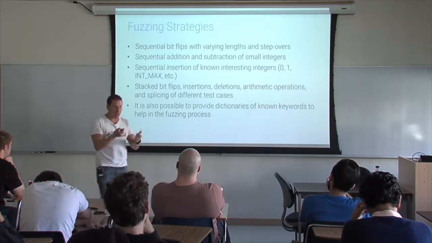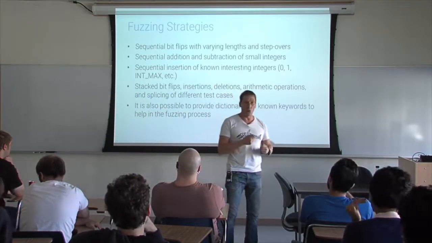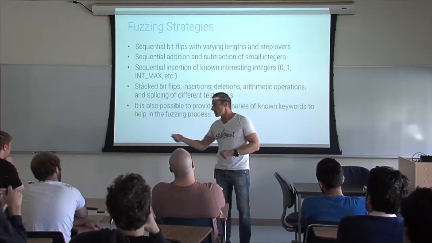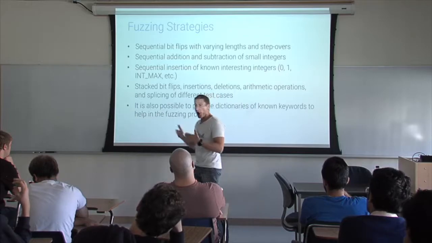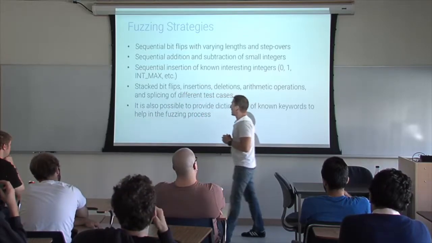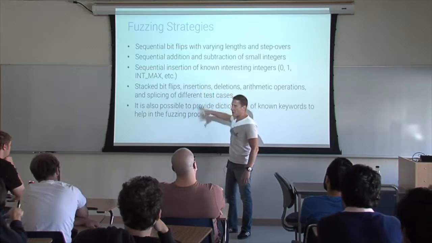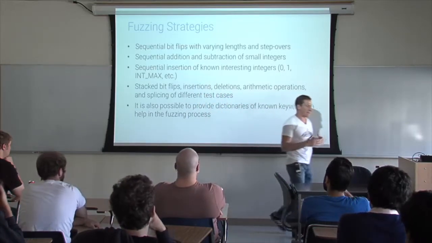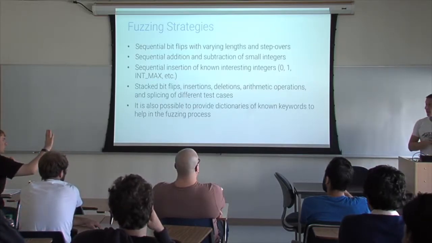If you recognize that there are specific integers, you can put specific values like 0, 1, -1, the biggest possible value, which are borderline values that are known to possibly cause problems. And also, of course, you can provide dictionaries and do all sorts of splicing and other different types of operations to fuzz the stuff.